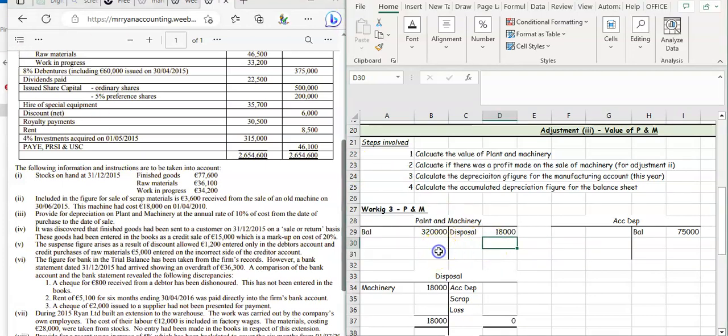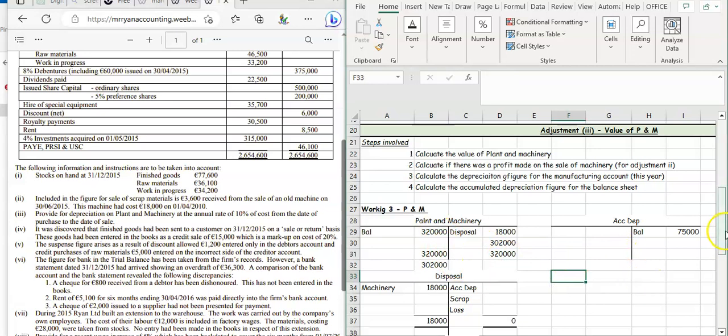So we're going to find the balance, so it'll be 320,000 on each side. The difference between the 320,000 and the 18,000 is going to be 302,000. So 302,000 is the figure that goes into our balance sheet for our cost for plant and machinery.